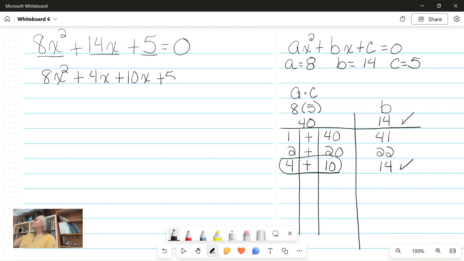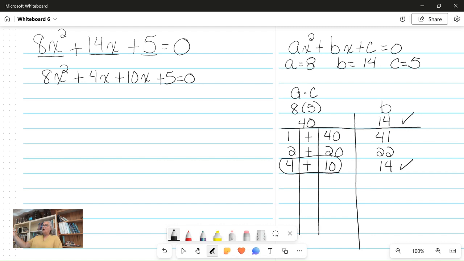Plus 5 equals 0. So now I've written it in expanded form. The next step, lots of steps, right, is to do what we call factoring by grouping.